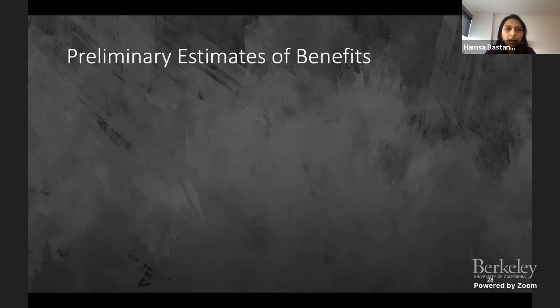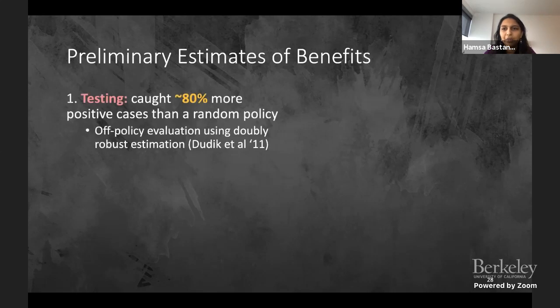Awesome. A lot of people obviously asked us, you did this very complicated bandit thing, was it actually more useful compared to a random policy that would just test random passengers? We did this evaluation using off-policy evaluation with doubly robust estimation by Dudík et al.